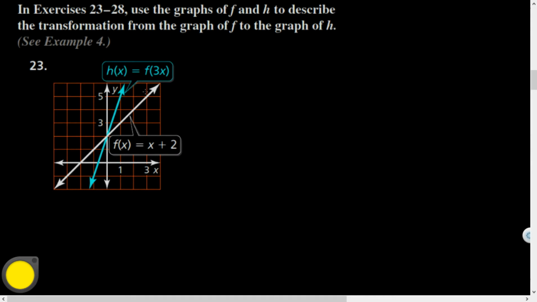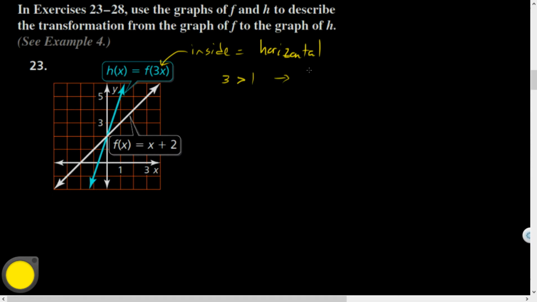All right. Here I've got 2 functions. Describe the transformation. It looks like it's being multiplied by 3 on the inside. So what does that tell us? That means it's a horizontal change. And 3 is bigger than 1, right? Normally I would say, oh, that's got to be a stretch.